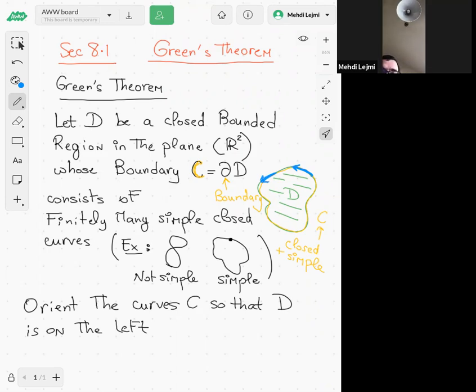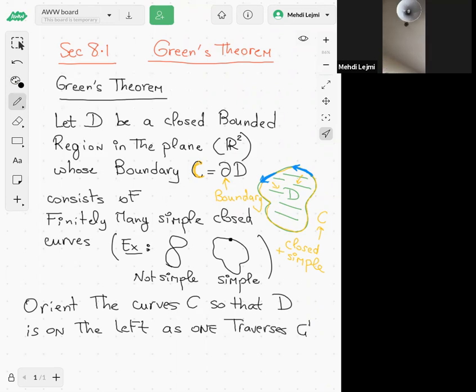You can see here, D is on the left as one traverses C.